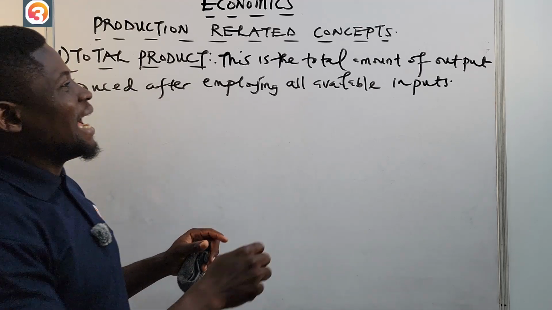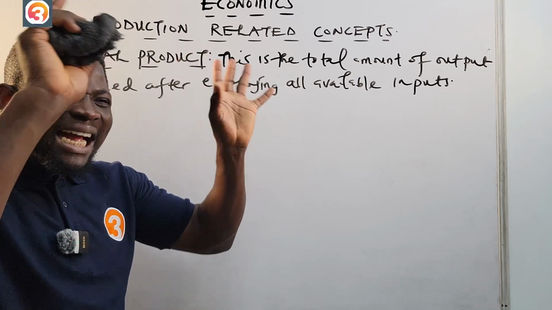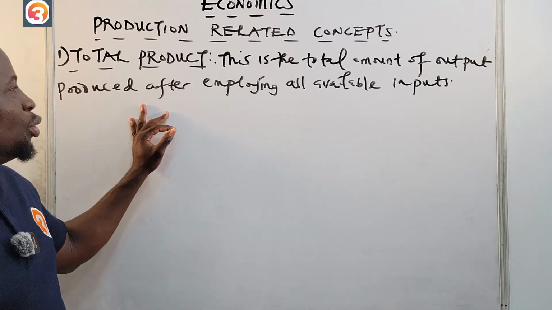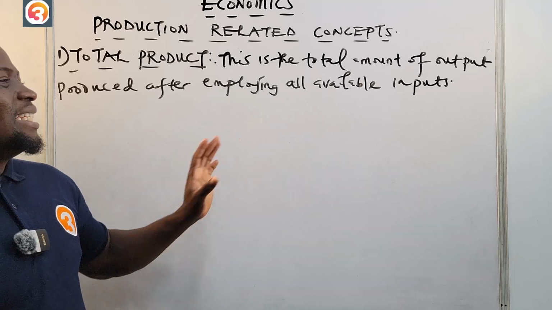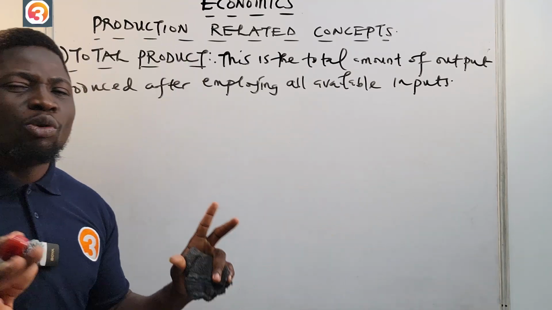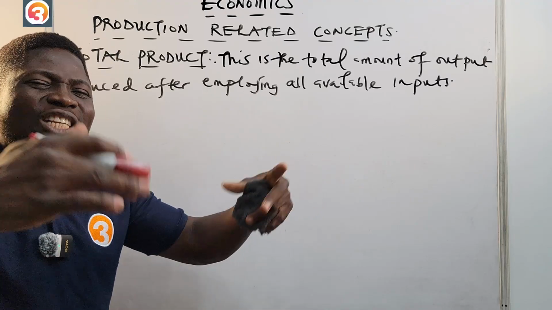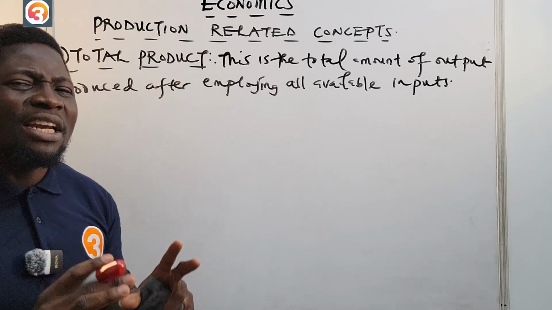So this is what we call total product: total output, the total amount of output produced after employing all available input. That is a simple definition, and you're expected to know it.